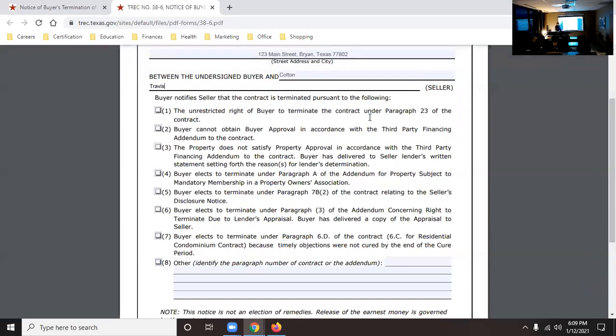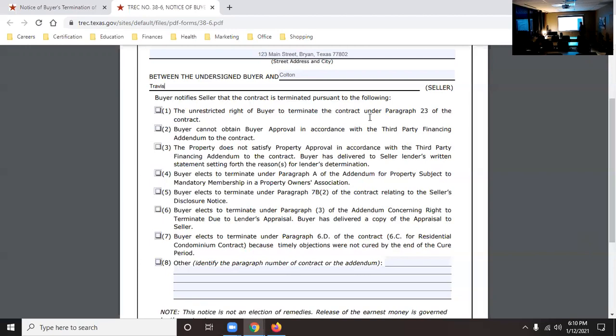The very first one, which is the one that you will most likely utilize in your session, is basically the options period. Okay, so if you do options, you do inspections, and after inspections you find out that there's structural or foundation or roofing issues, well, as long as you're within the term of your option, you just X box 1, fill out this form, have the party sign, and send it over.